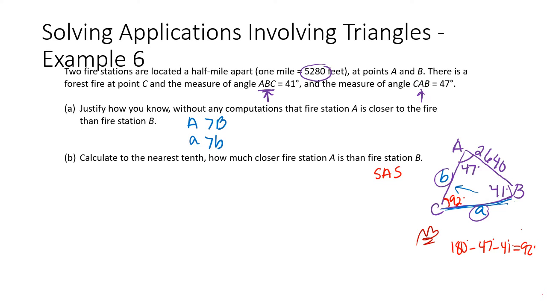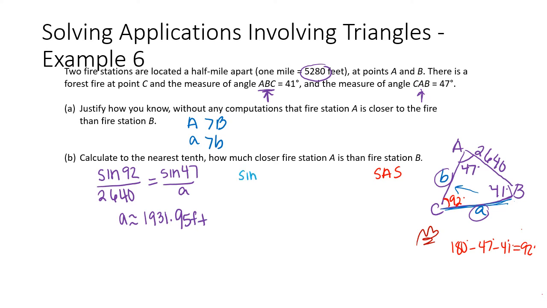So the sine of angle C divided by side C equals the sine of angle A divided by side A. I'm going to let you guys go through, solve that for A, and you'll end up getting 1,931.95 feet. For B, we'll do the same thing.